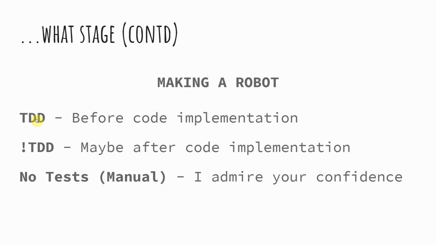Now, for test-driven development, the flow works like this. You and your team sit down and take the requirements. Okay, I want to make a robot that creates a route from point A to point B. So you take the requirements and you write the whole test. You write all the possible cases of what you want this to achieve. For instance, the robot should be able to stand when I say the word stand.